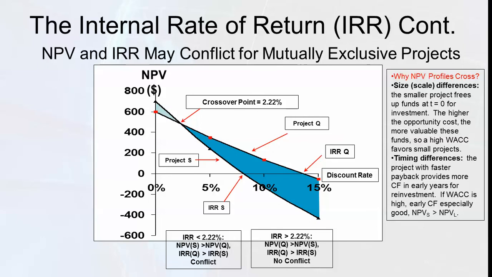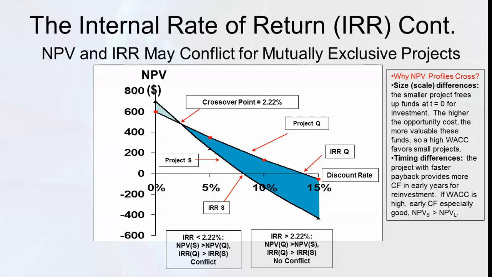Scale difference is basically that the smaller project frees up funds at time 0 for investment, and the higher the opportunity cost, the more valuable these funds.